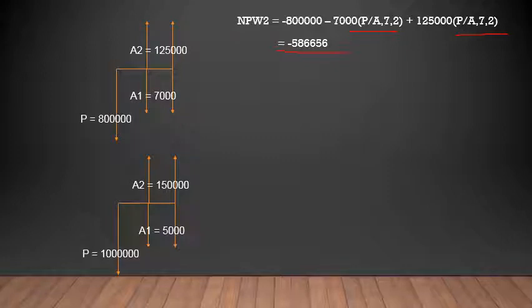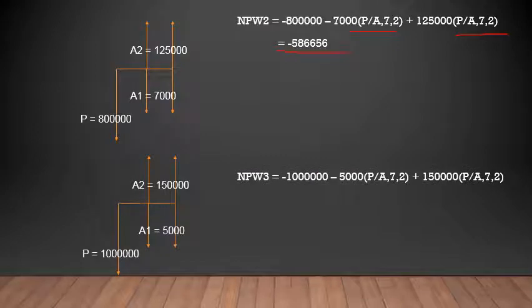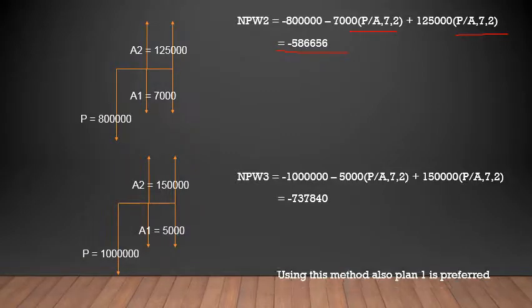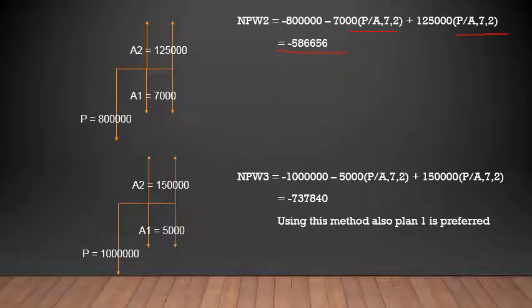Remember here, they are not discounted, they are outrightly neglected. Let us get the solution. Minus 10 lakh minus 5,000 multiplied by P by A comma 7 comma 2, and plus 1,50,000 multiplied by P by A comma 7 comma 2, and its answer is 737,840. And which is better?